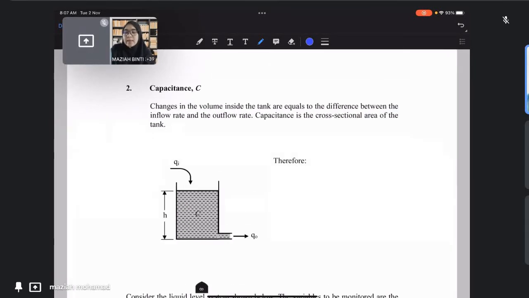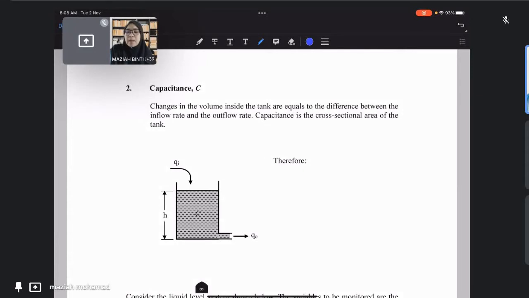The second equation is based on the capacitance in the tank. Capacitance is how much liquid the tank is able to hold, it's like volume. The equation is based on the theory that the change in the volume inside the tank is equal to the difference between the input flow rate and the output flow rate.